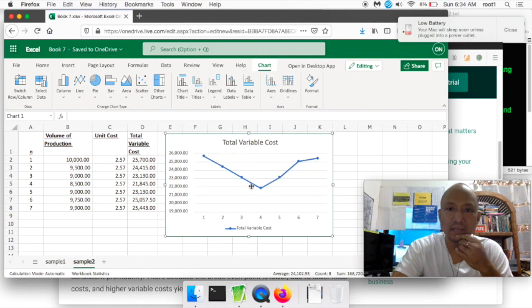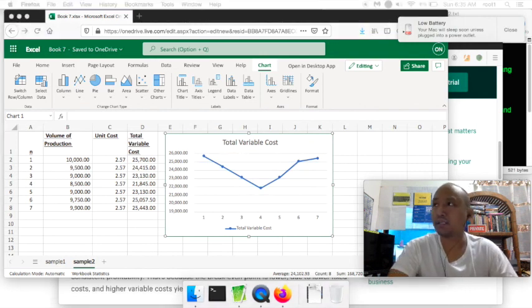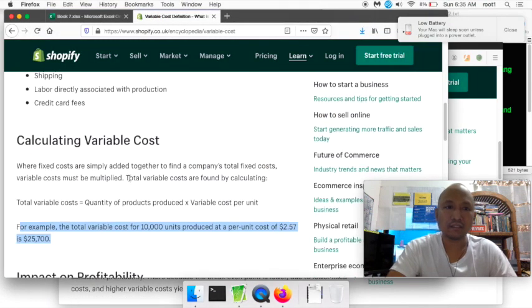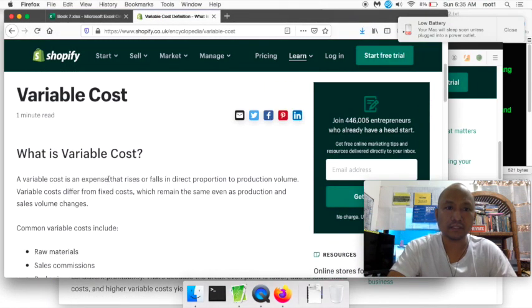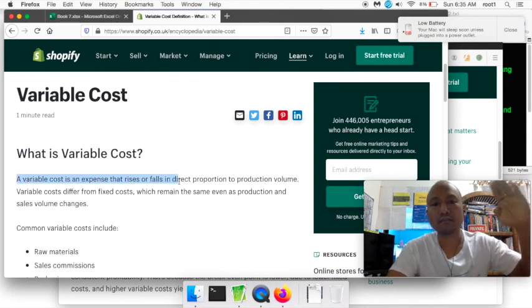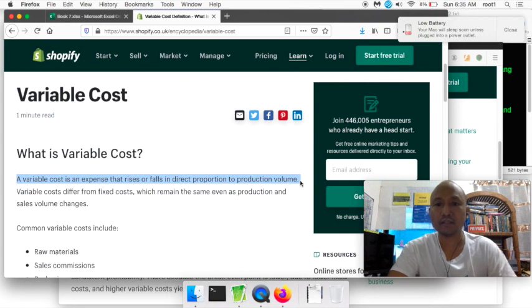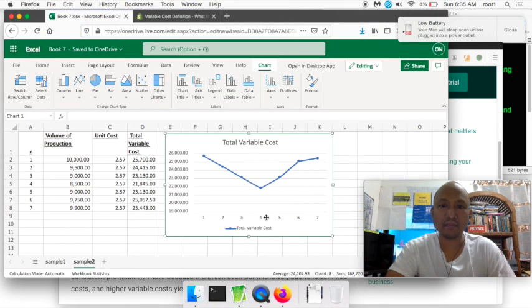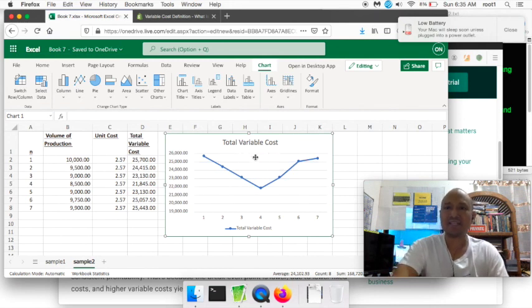That's how it behaves. And of course, we go back to the definition of the variable cost. So variable cost is an expense that rises and falls in direct proportion to the production volume. So it falls and then it rises. That's your total variable cost using spreadsheet.